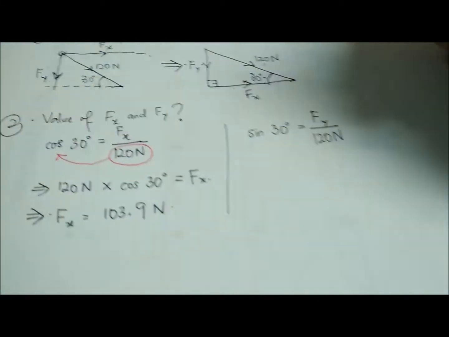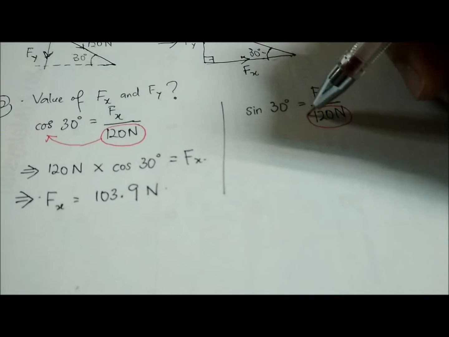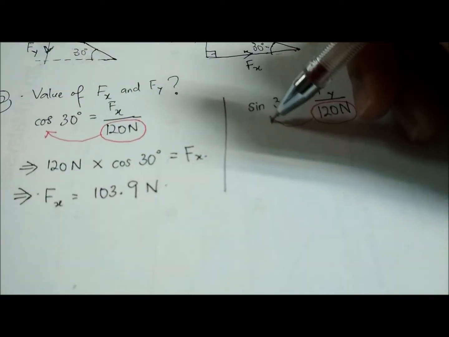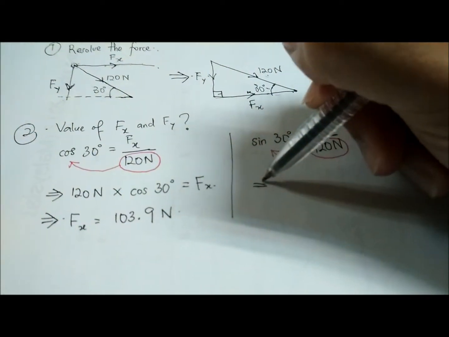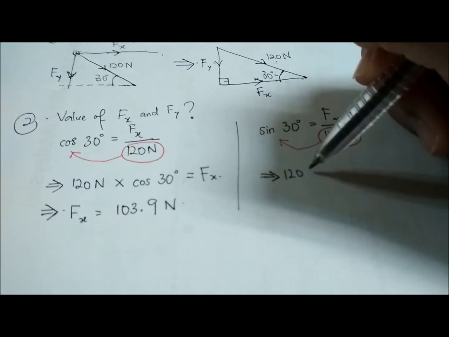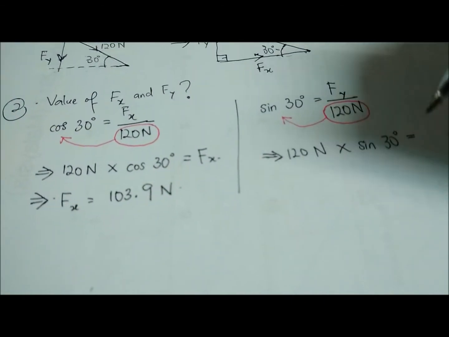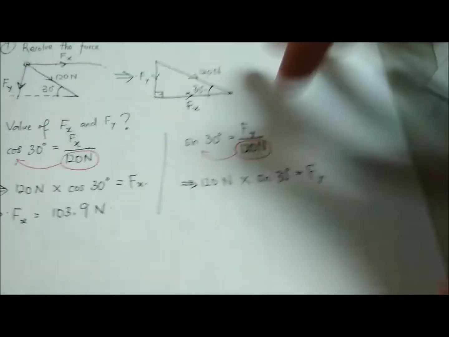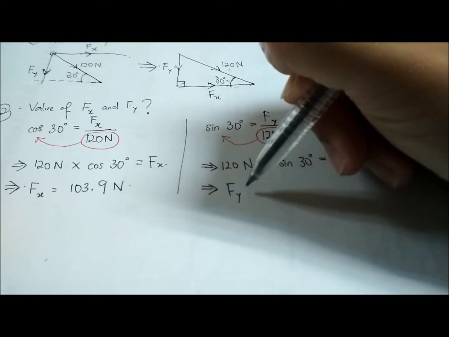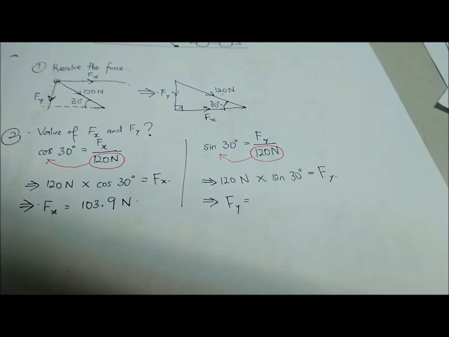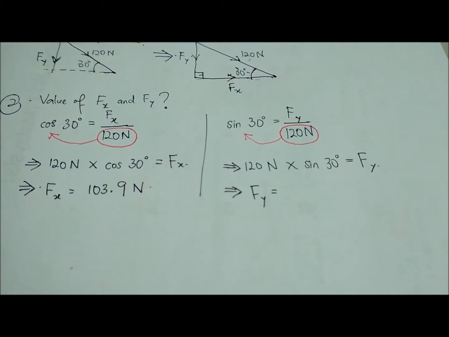So how to find the value of Fy? You need to bring this 120 Newton to the other side, so you will get 120 Newton times sine 30 degrees equals Fy. So what is the value of Fy? It is 120 times sine 30 degrees.